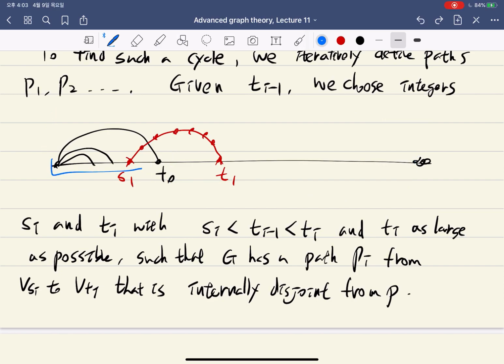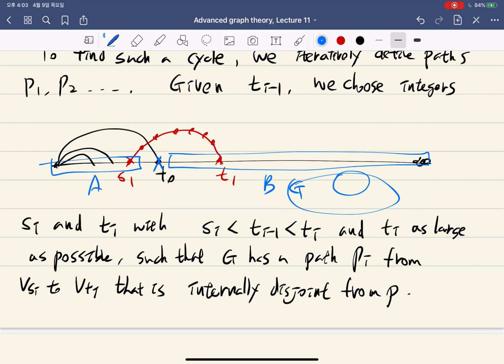In G, we have this set A and B. G is connected, so there must be a path between A and B. You take the shortest one, then that does not use any vertices in A and B except the two ends. Such a path gives us this path. And among them, we choose the one which maximizes T1.